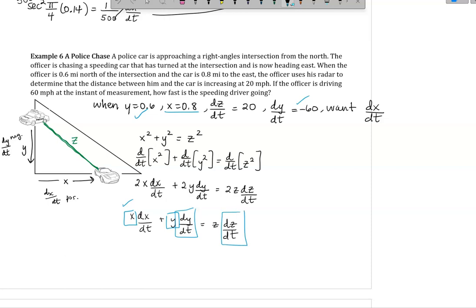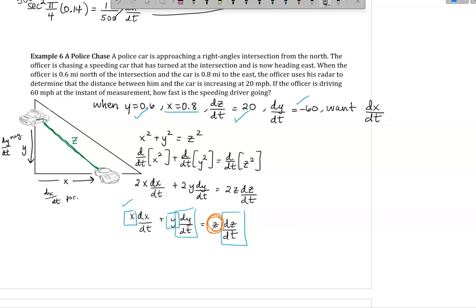We have dz/dt, that's how fast the distance between the cop and the driver is changing. But what we do not have is z. And we would need to know that because we're trying to solve for dx/dt. So I want this to be the only unknown once I start plugging things in. Remember, we don't plug anything in until after we've taken the derivative.